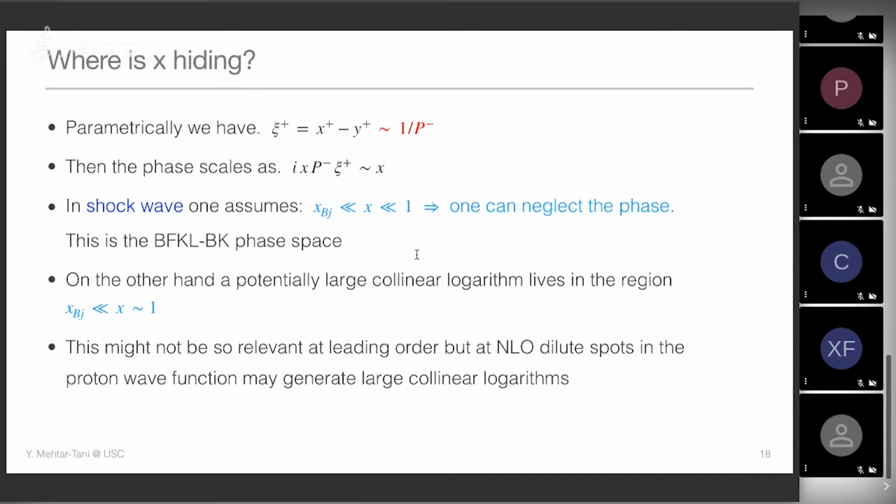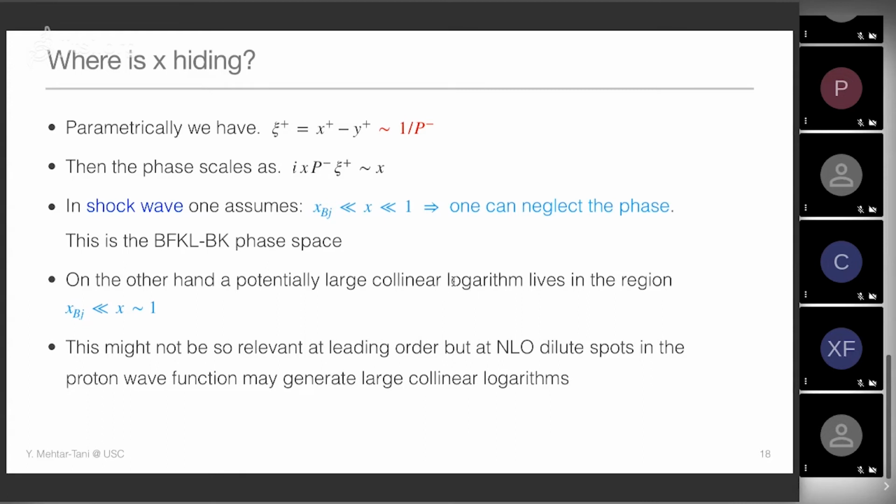Now, x is an integration variable here, so we'll have to integrate over x. And there is a phase space for this integration where x is close to 1, even if x Bjorken is small. In this phase space, you expect to see large collinear logarithms when q squared is much larger than lambda QCD. This is where DGLAP lives somehow.